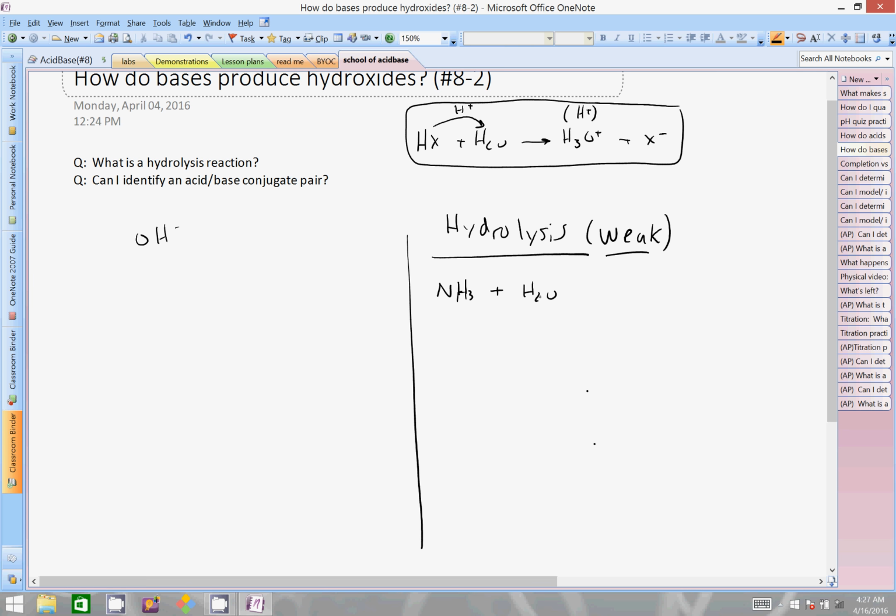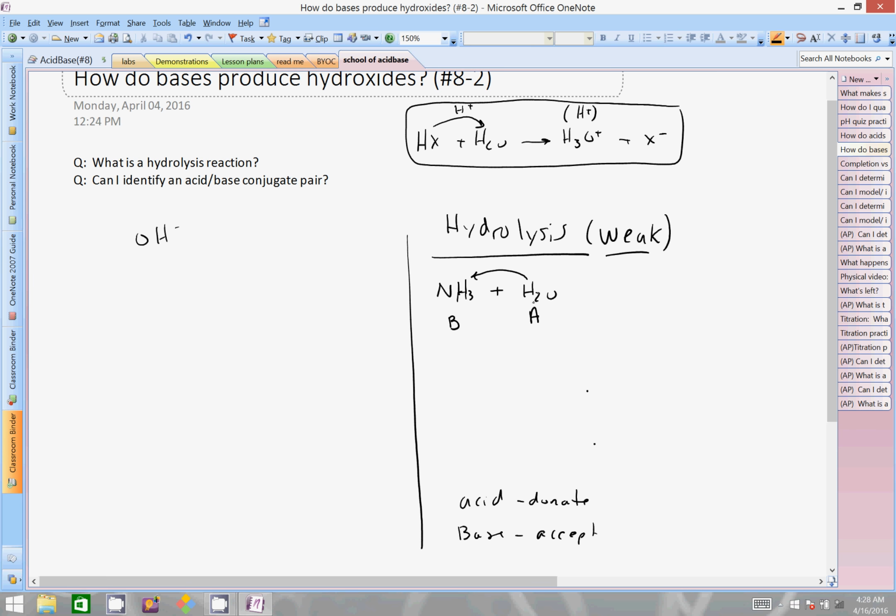Now remember that an acid is a donator, and a base is going to accept. So in this case, this is the acid and this is the base, and the water will donate. In the last video, the water accepted.